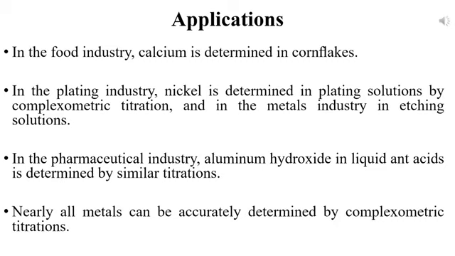In addition to the food industry and plating industry, aluminium hydroxide in liquids and acids is determined by similar titrations. Nearly all metals can be accurately determined or analyzed by complexometric titrations, and complexation reactions are also useful for gravimetry and spectrophotometry and for masking interfering ions.